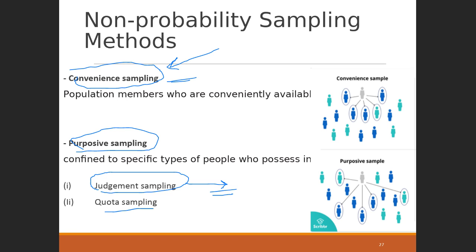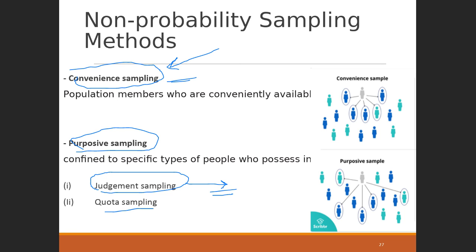The second type is quota sampling. Quota sampling ensures that certain groups are adequately represented in the study through the assignment of quotas. Generally, a quota fixed for each subgroup is based on the proportion of each group in the overall population.